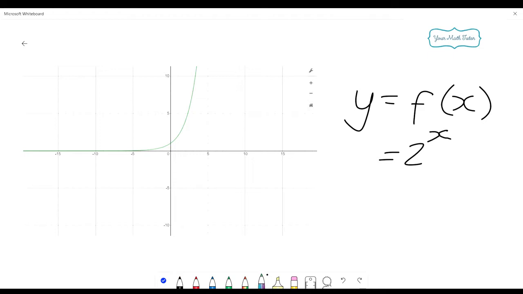As we can see, at x equals 0, f of x is 1, at x equals 1, f of x is 2, and at x equals 2, f of x is 4. So we're going to be looking at these three particular points when we look at our graph transformations.